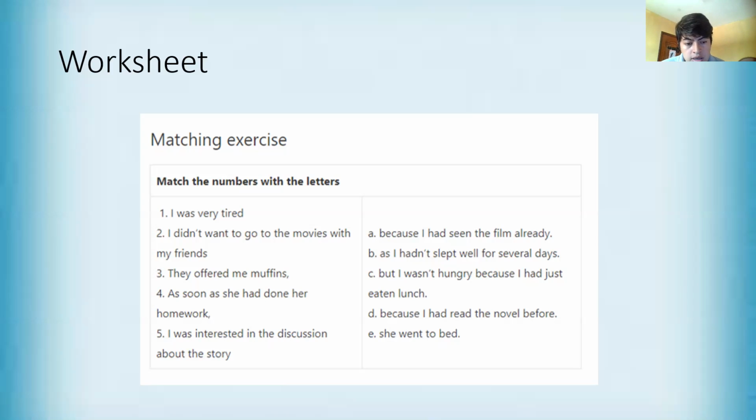And the last one: I was interested in the discussion about the story. With D, right? Because I had read the novel before. Very good. If you don't have any answer right, don't worry. This is to have very clearly what the past perfect tense is and how it is formed.